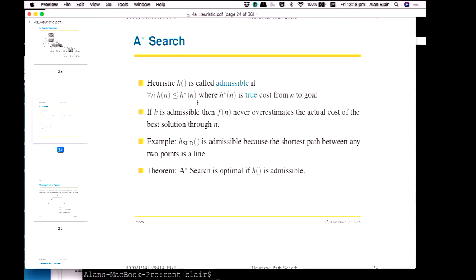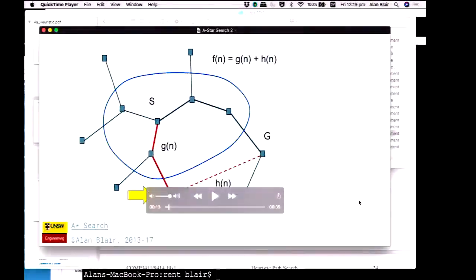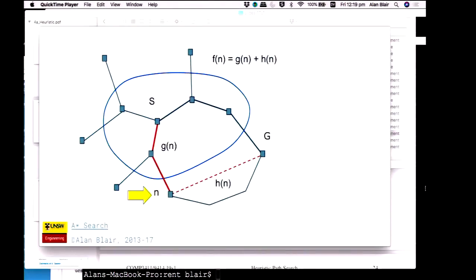A heuristic which always underestimates the distance is called an admissible heuristic. As long as this is always an underestimate, we can prove that this finds the shortest path. In the case of this distance, the straight line distance is obviously going to be an underestimate of the road distance.